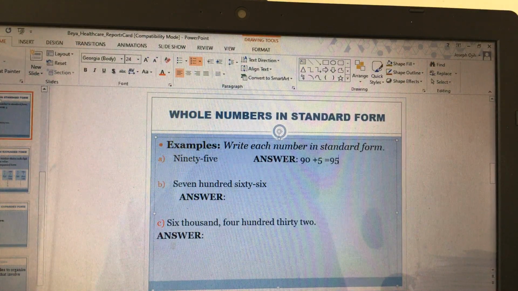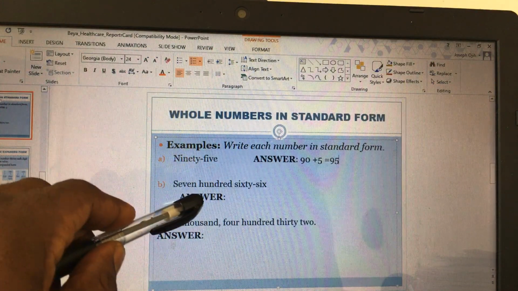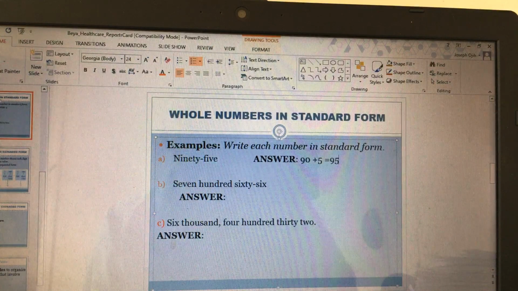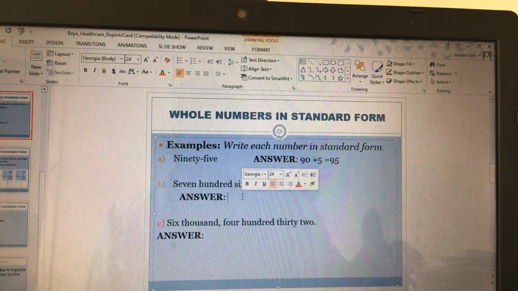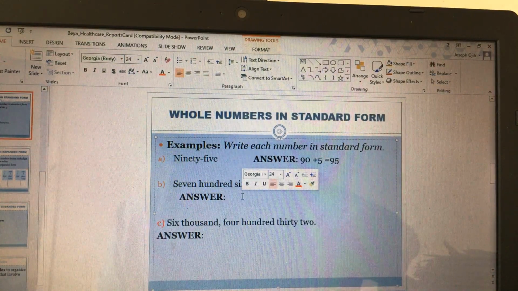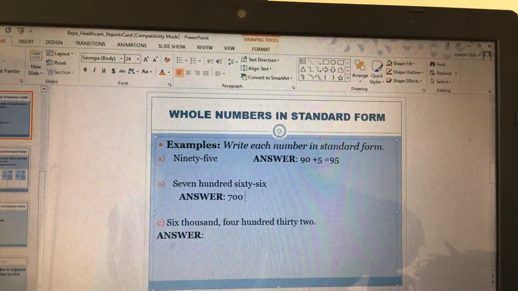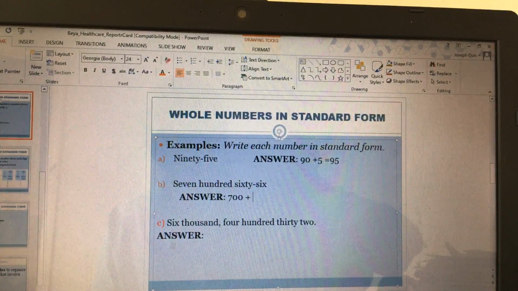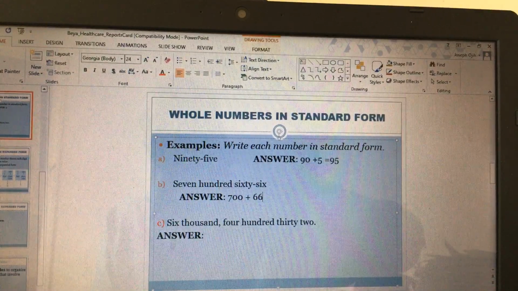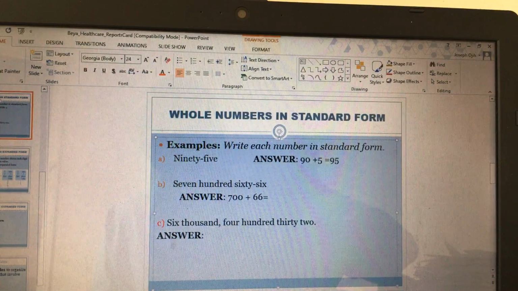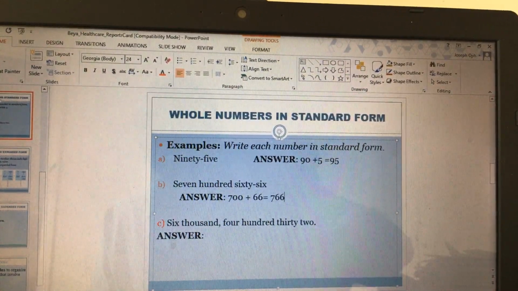The next number here is 766. So I'm going to write it in this form: 700 plus 66. And that gives me equals 766.